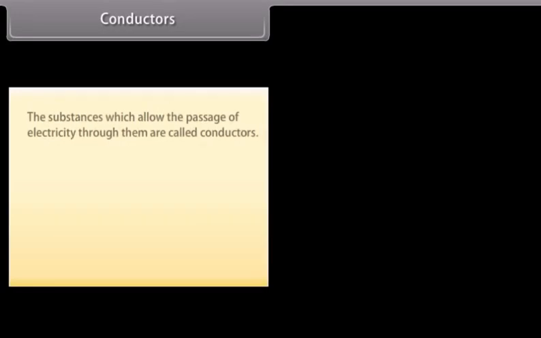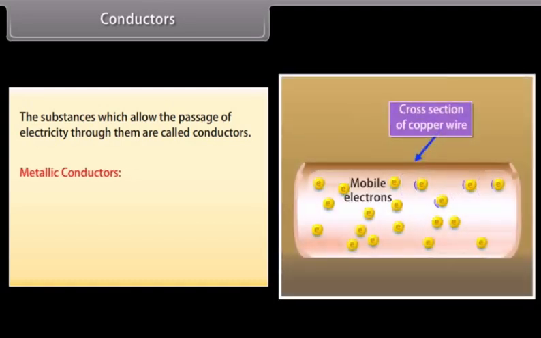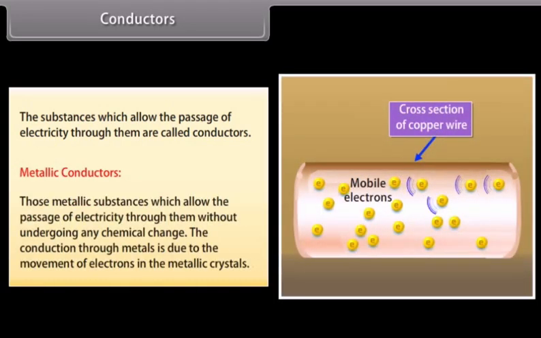Conductors. The substances which allow the passage of electricity through them are called conductors. The conductors can be classified into two categories: metallic conductors and electrolytes. Metallic conductors are those metallic substances which allow the passage of electricity through them without undergoing any chemical change.